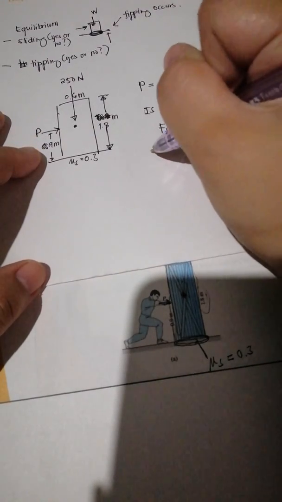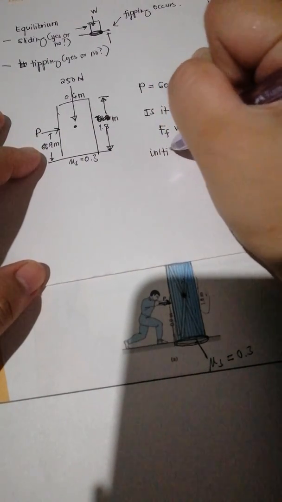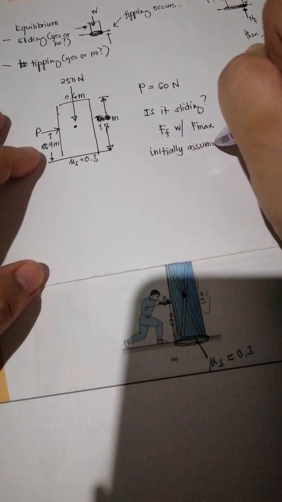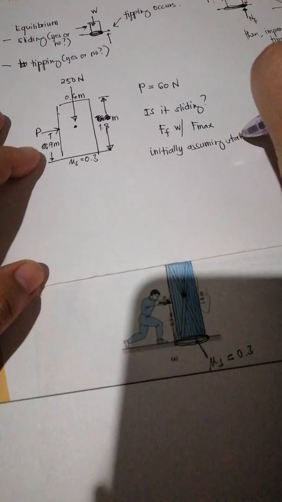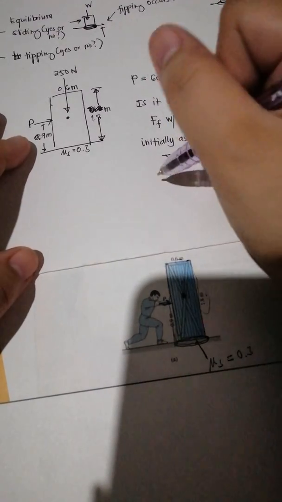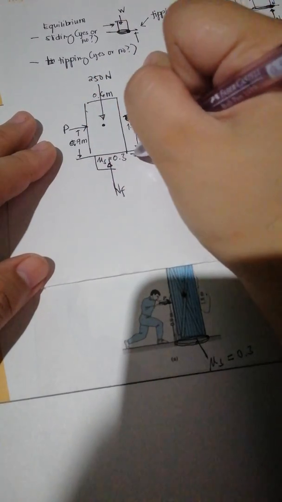So, consider initially, assuming that it is static, we solve for the normal and friction force. So we have the normal force on the crate. That's of course perpendicular to the surface, and we have friction force.